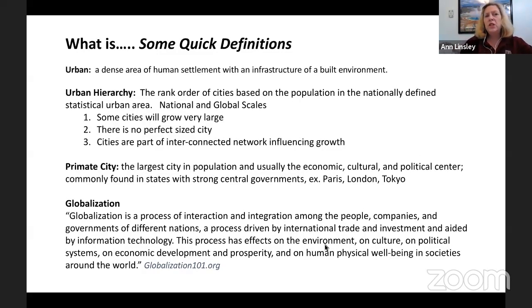So globalization is a process. That's the first thing. It's a process of interaction and integration among people and companies and governments and nations centered around international trade, international cooperation, investment, information technology.